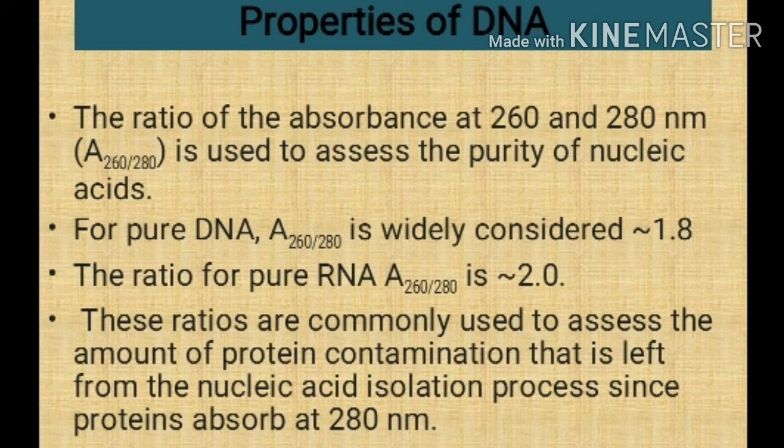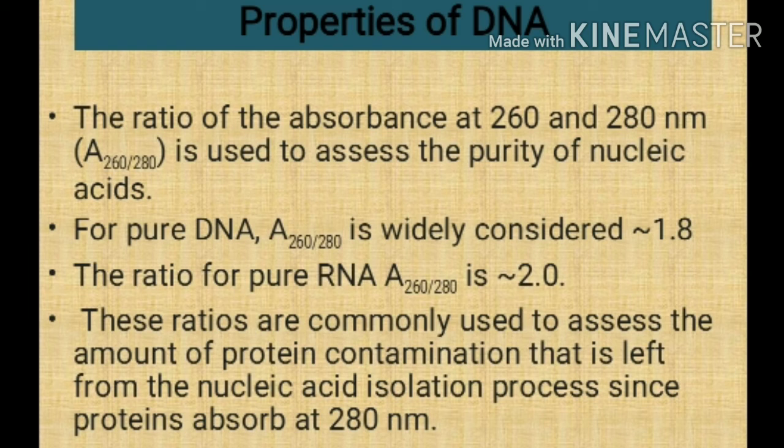The ratio of the absorbance at 260 and 280 nanometers is used to assess the purity of nucleic acids. The purity of isolated DNA in the laboratory is determined by the 260 by 280 ratio.